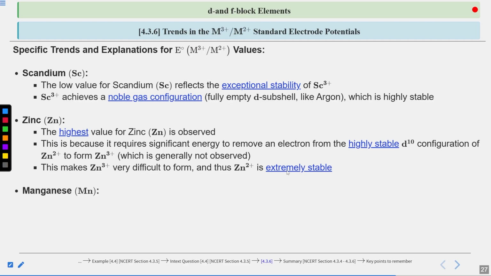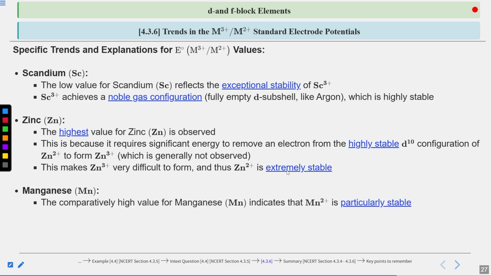The next trend we have is for manganese. The comparatively high value for manganese indicates that manganese 2 positive is particularly stable because its configuration is 3d5 4s2, and after losing two electrons it attains 3d5.